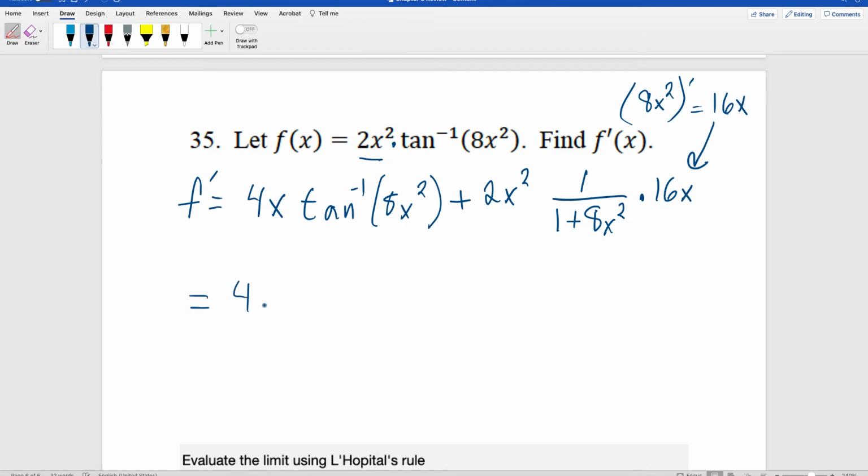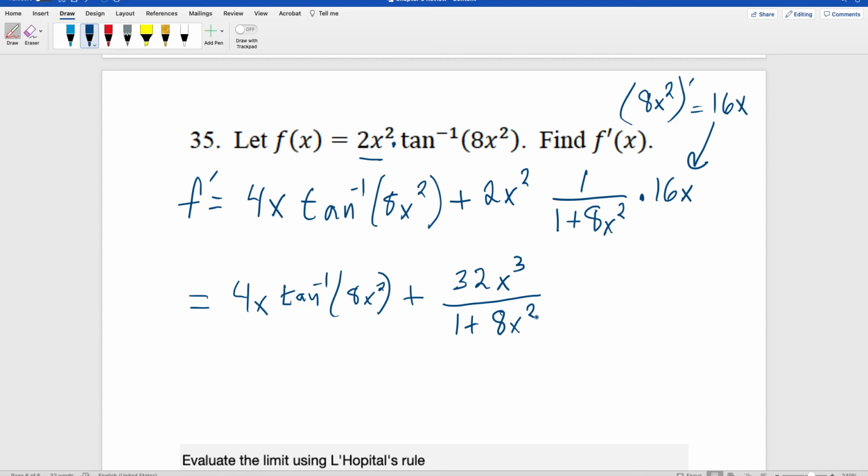So we get, the first part's real nice and clean, tan inverse of 8x squared, plus, so we've got 2x squared here, we've got 16x over here. So how about 32x to the third in the numerator, because they're going to multiply on both sides, all over 1 plus 8x squared.